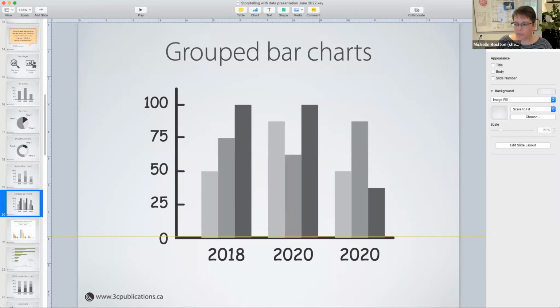So a better way to approach that might be a grouped bar chart. So now we can have the same information as the stacked bar, except we unstack them, right? So now we're putting our different components still in groups, but side by side. And we've color coded them so that we know that all of the lightest ones are one category, all of the medium colored ones are another category.